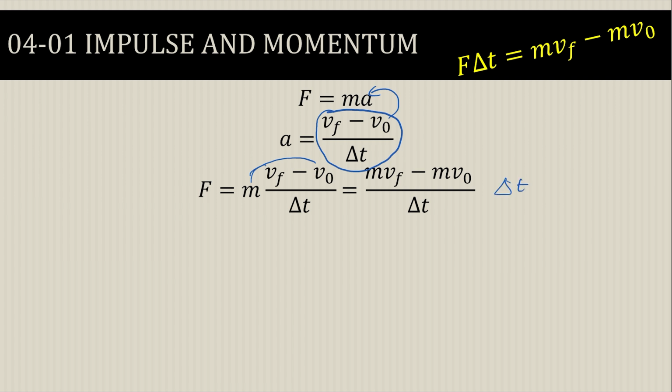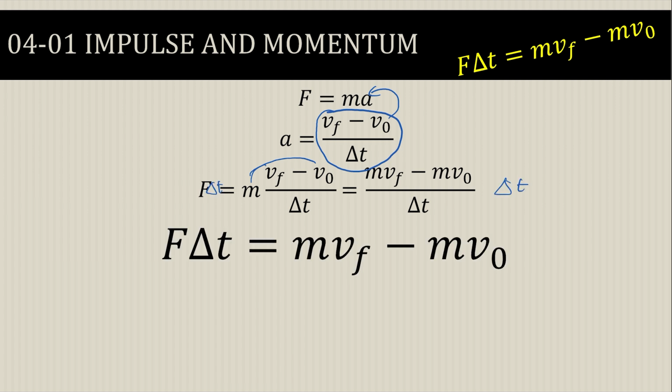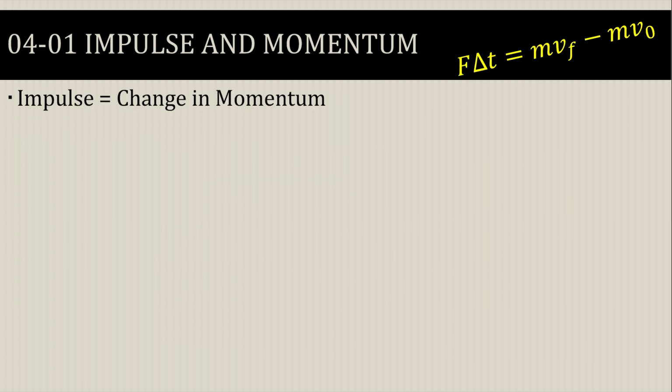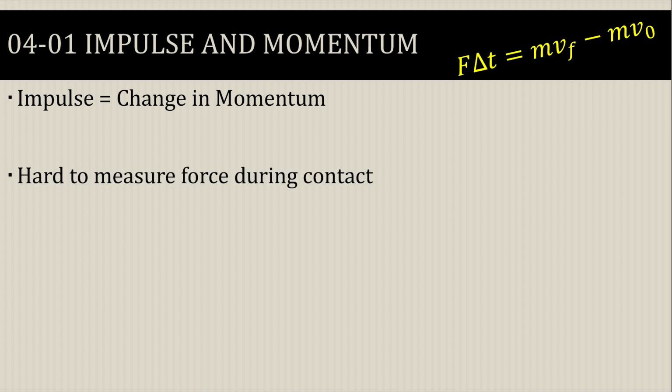Multiply both sides by time, and I get F t equals m v_f minus m v_0. So impulse equals change in momentum. Impulse is change in momentum. That is the impulse-momentum theorem.